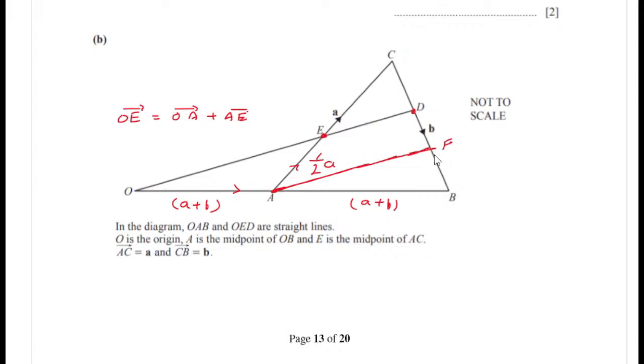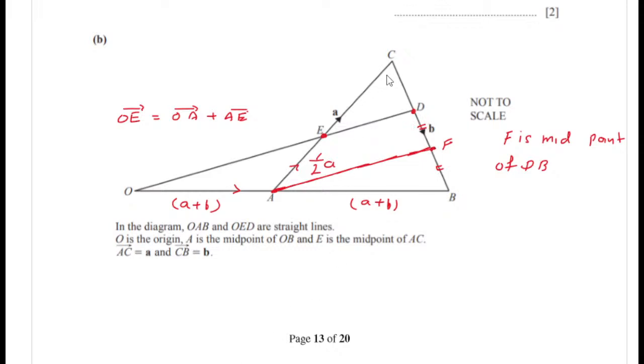So then this point F will also be the midpoint of this BD, right? So I can say that F is the midpoint of DB. Okay, so this particular length and this particular length are going to be equal.